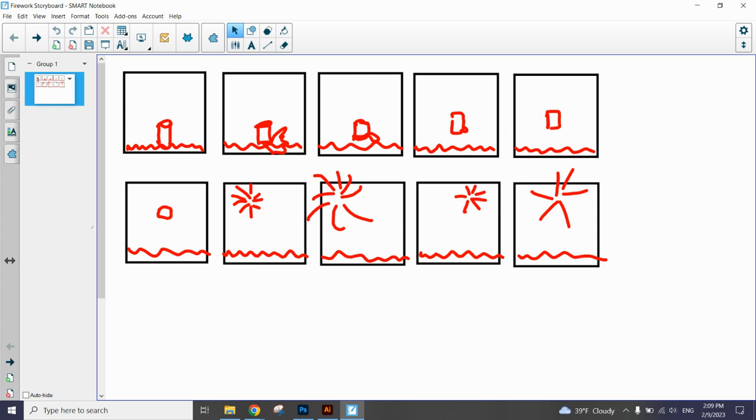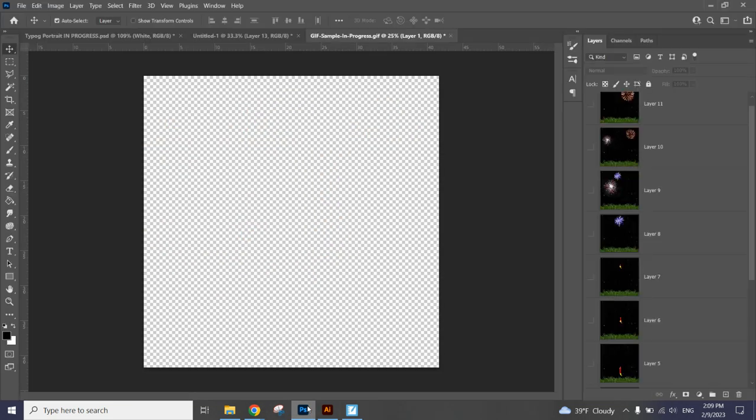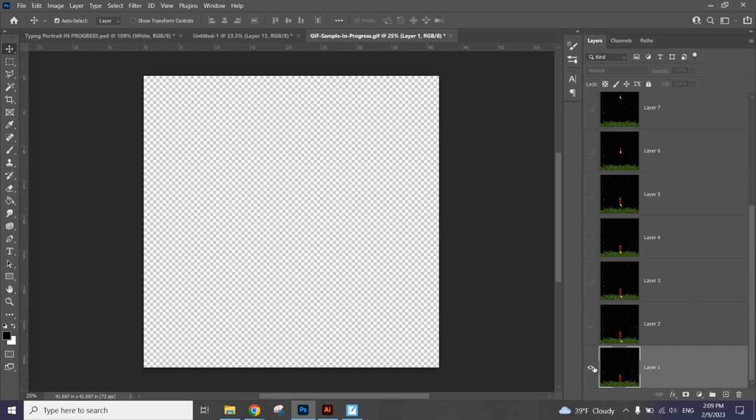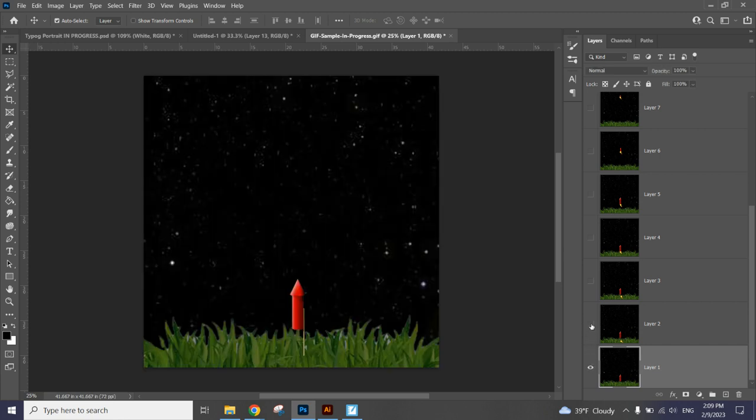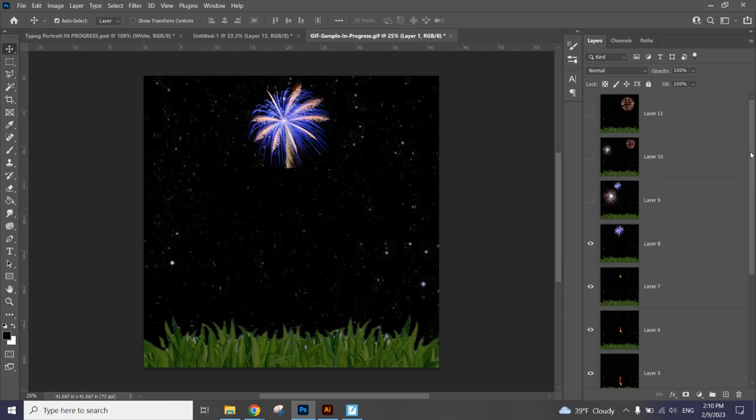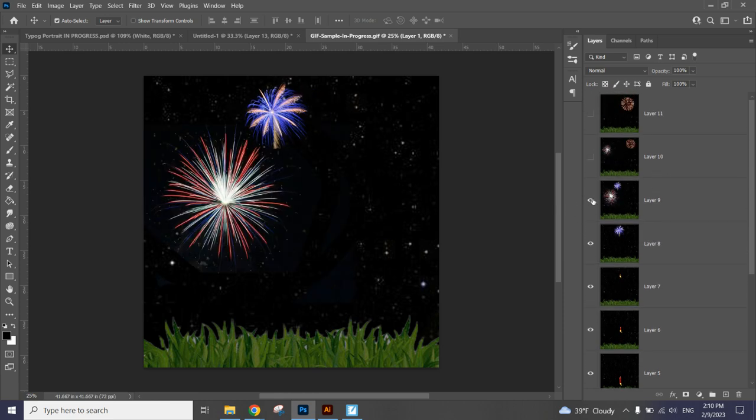So I had a little sample here of my own where I was working on a firecracker getting lit. Okay. And then as time went on, the firecracker gets lit. This is each frame of it. And then what's starting to happen with my firecracker? It's going up in the sky. And then after that, it explodes into fireworks.